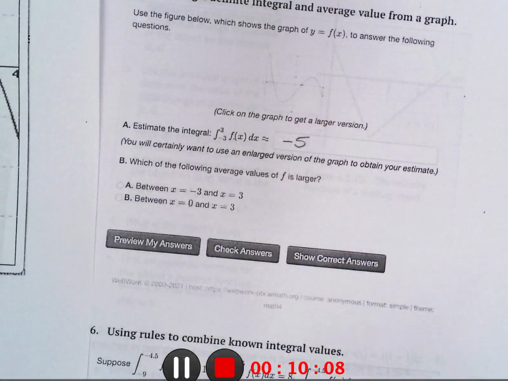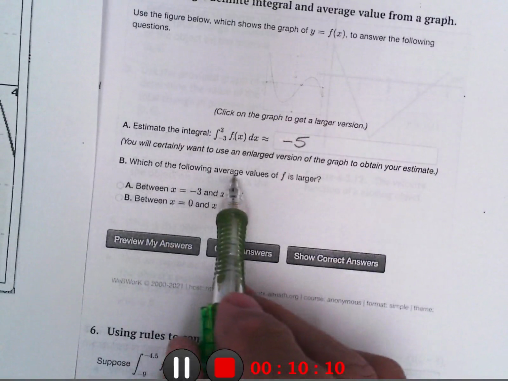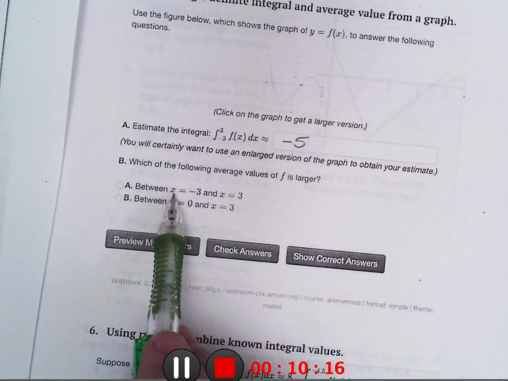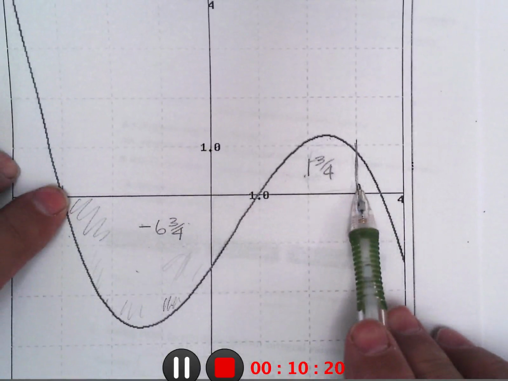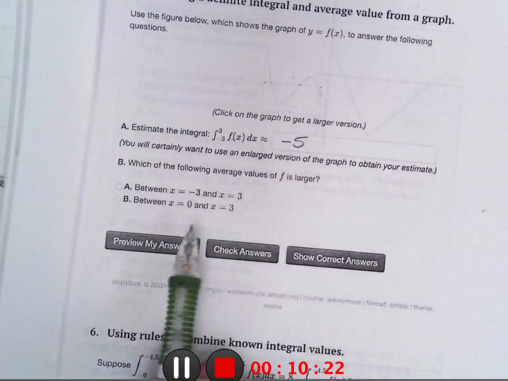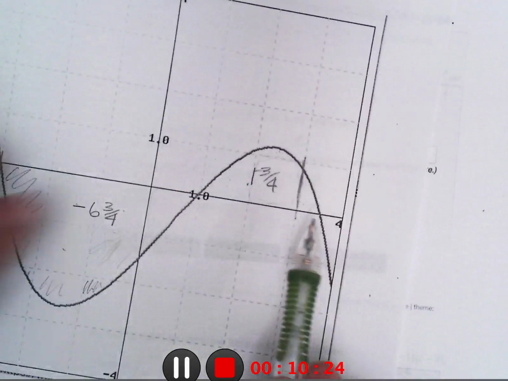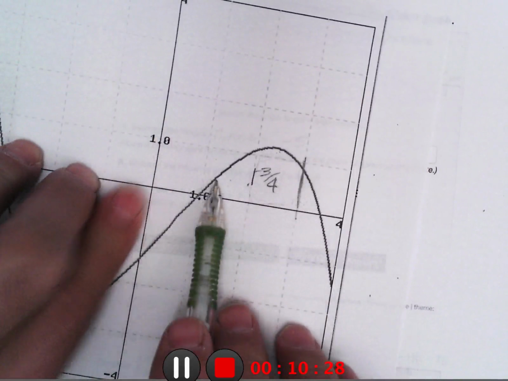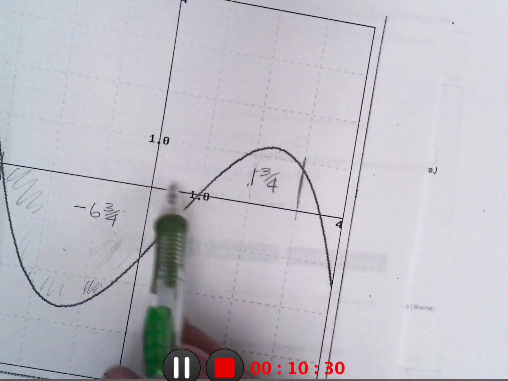Which of the following average values of f is larger? The average value between -3 and 3, from here to here, or from 0 to 3. From 0 to 3, this would be more positive, and so its average value would actually be probably something like this.